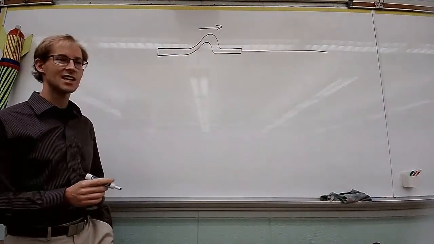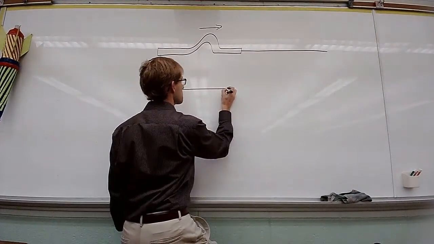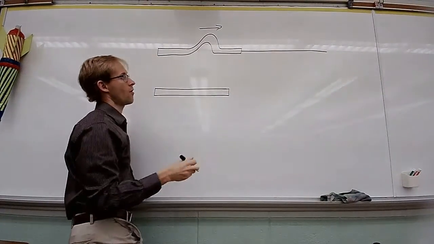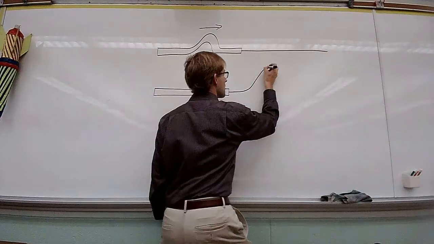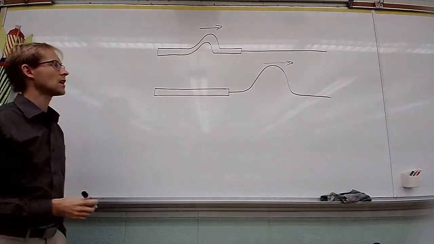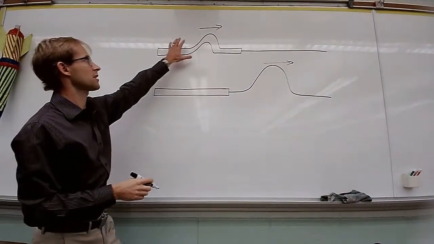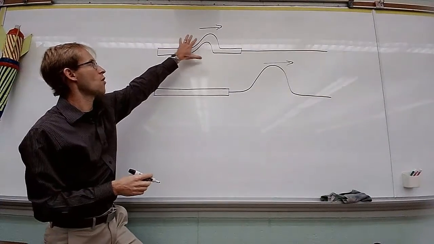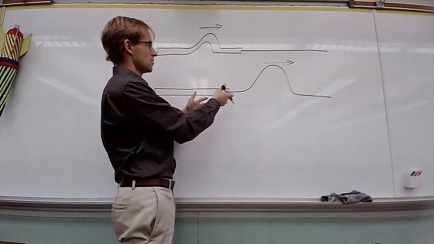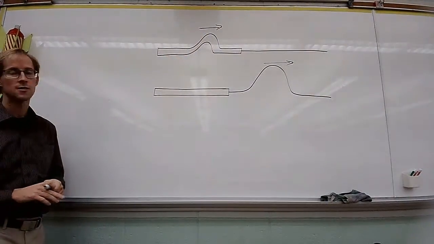What you would end up seeing in this scenario is that the wave transfers all the way into the plastic slinky, but it would be bigger. It would have a larger amplitude. The reason it would have that bigger amplitude is because this metal slinky is very heavy, so it's got more energy in it that has to be transferred to this plastic one. And so the way that that energy transfers, it transfers into a larger amplitude wave there.